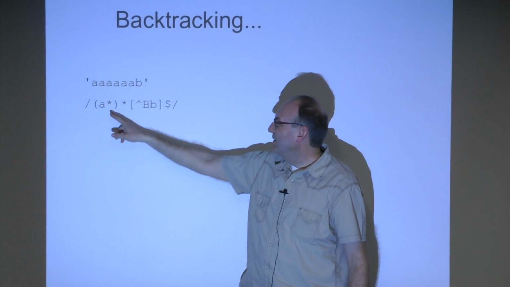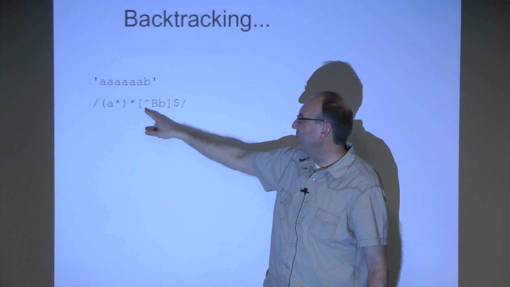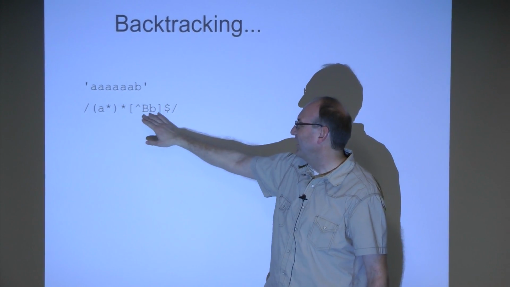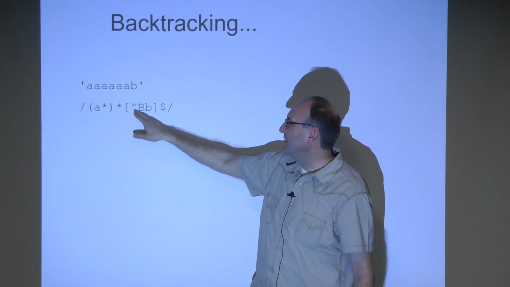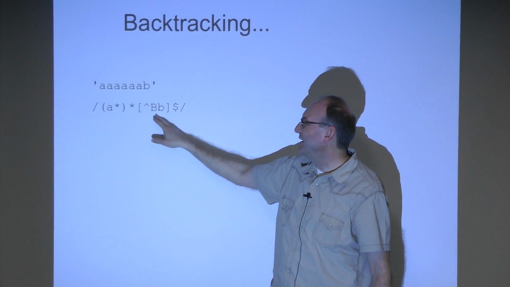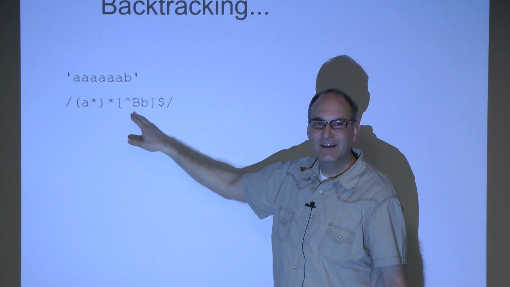So now, backtracking can really get nasty. And this is an example where you and I can look at this and see, now this is what's called a negated character class here. We're saying that this string cannot contain any letter B's at the end of the string, okay?